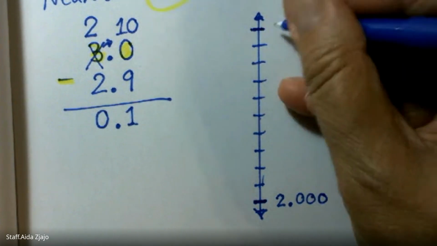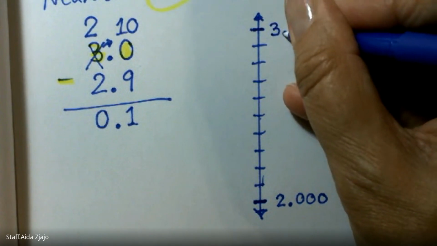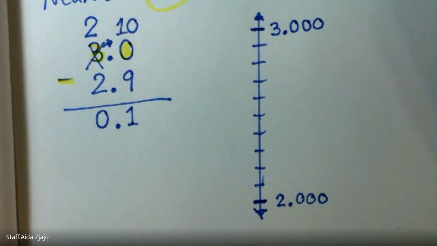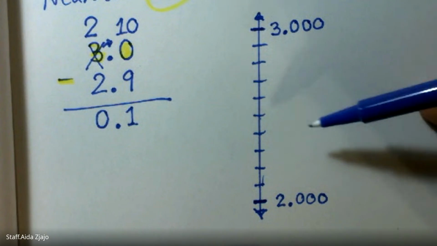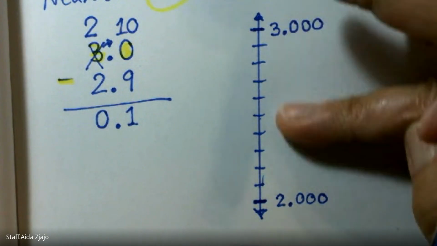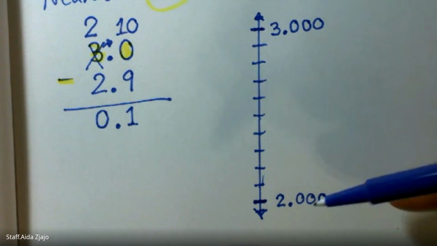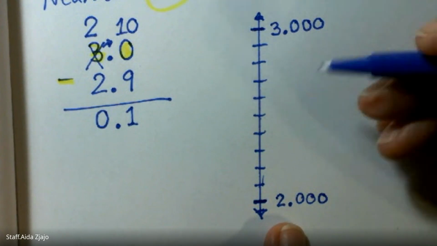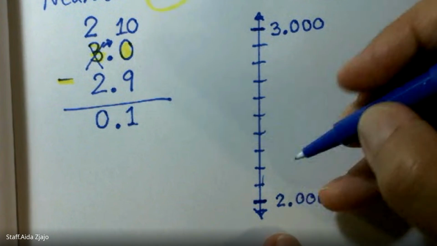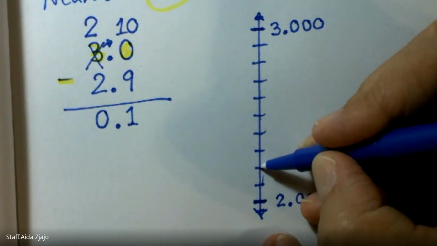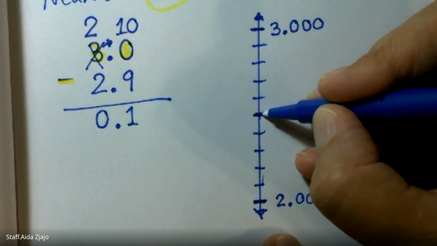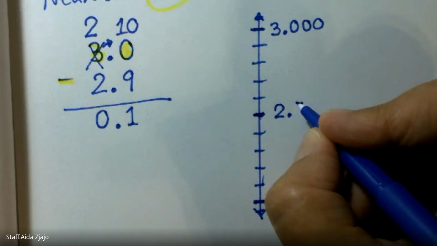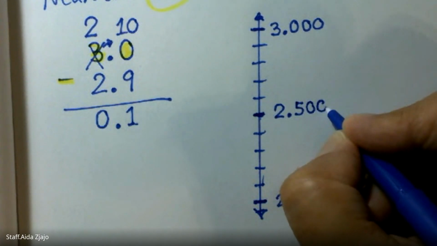After that, 1, 2, 3, 4, 5, 6, 7, 8, 9, 10, this in a decimal system will be 3 wholes. If I have decimals in between, 2.5 has to be in between here. Here is 2 wholes and 500 thousandths.